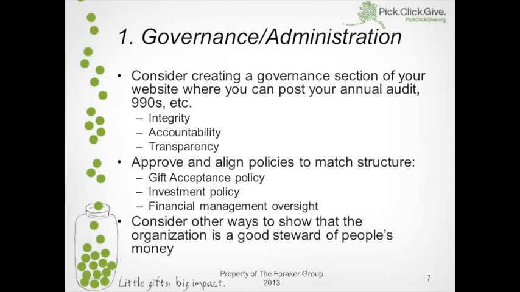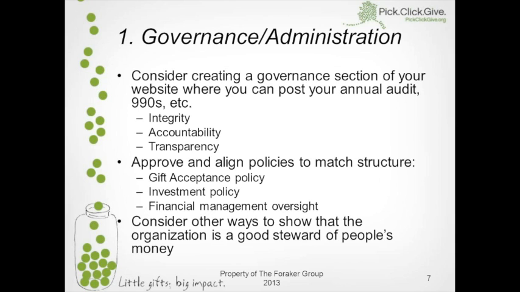You certainly can live your policies, and if you haven't created all the policies to manage financial giving in your organization, there are some key policies that your board can play a role on. Those will have an impact on the credibility factor as your donors make gifts not only through Pick.Click.Give but in other ways as well.